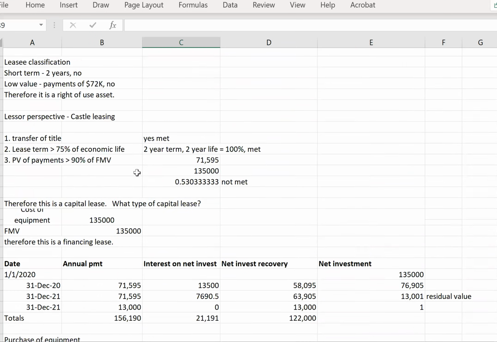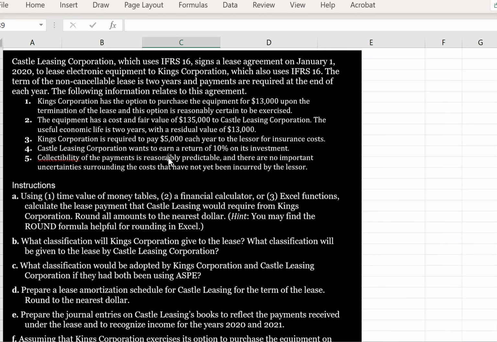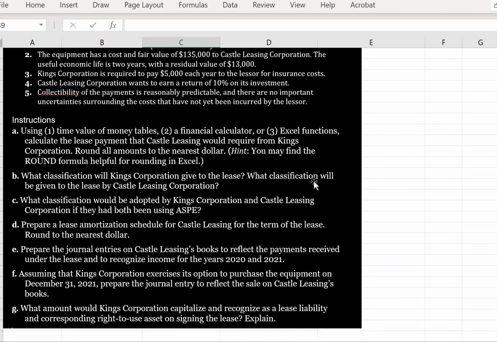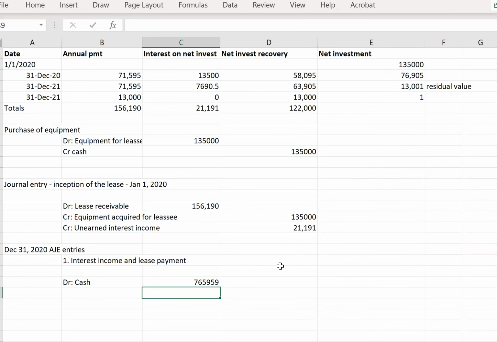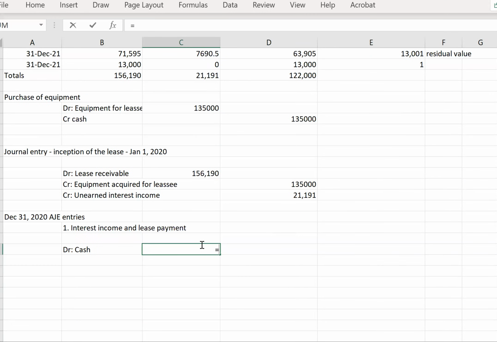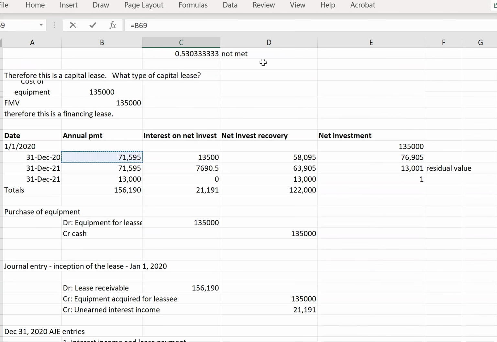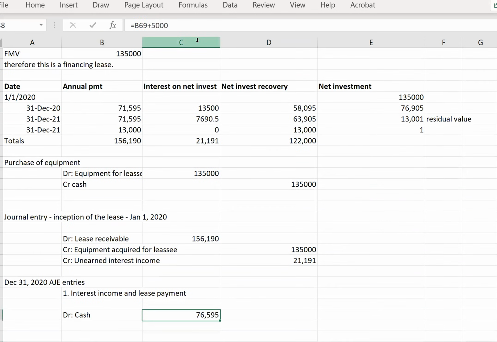Let's look up here. What's the cost for the executory payments? The King's Corporation is required to pay $5,000 each year to the lessor for insurance costs. So we added $5,000 to the lease payment. Basically, if you take this number and add 5,000 to it, that's how we got this number. That's the cash because we're the lessor, so that's what we've received.